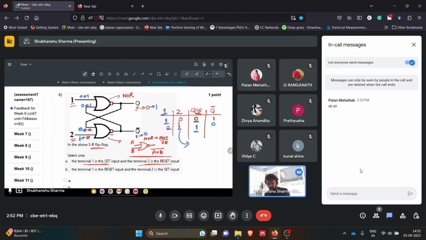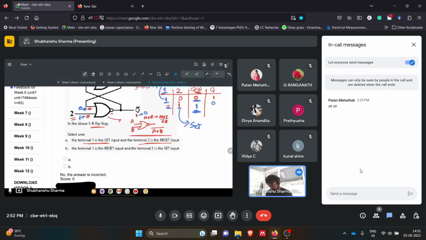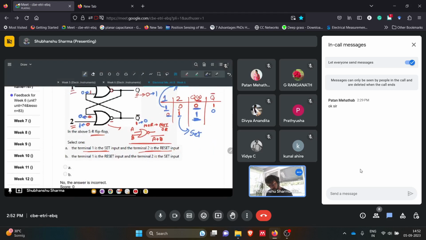That means this one is the set input, because it is setting this Q, and the other is the reset input, because it is making Q 0. So if you see the options, terminal 1 is the reset and terminal 2 is the set input. This will be the answer.